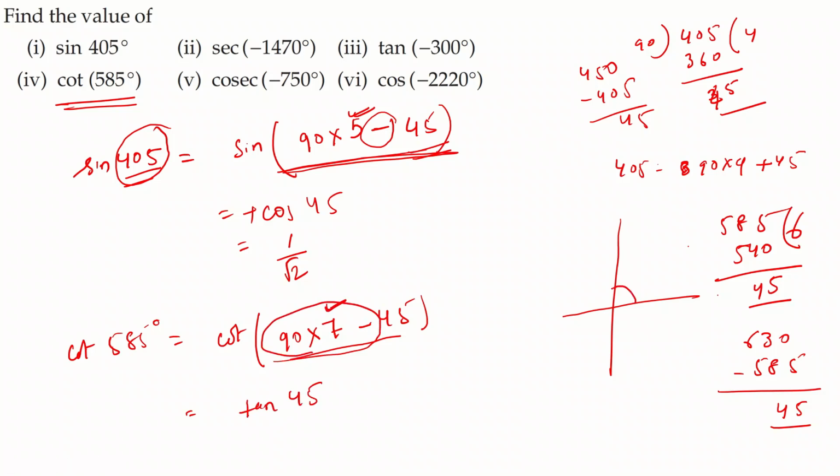So 90 times 1, 90 times 2, 3, 4, 5, 6, 7, and then something negative, so in the opposite direction. So again in the third quadrant, I told you quadrants will never change. So in the third quadrant tan is positive, so that is why cot is also positive, so a positive sign over here. So it is plus 45, which is plus 1. Alright, so we're getting the same answer again.